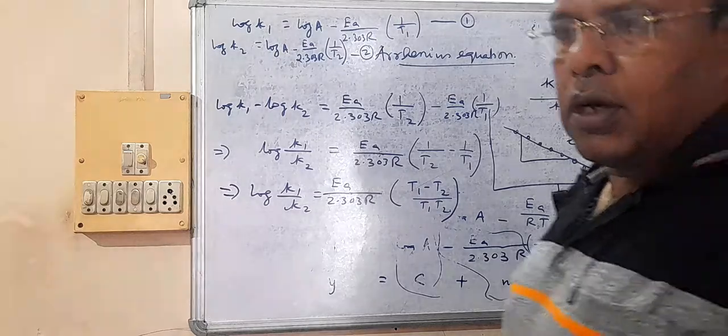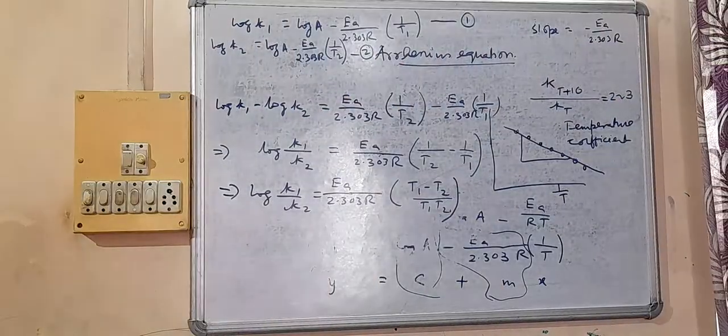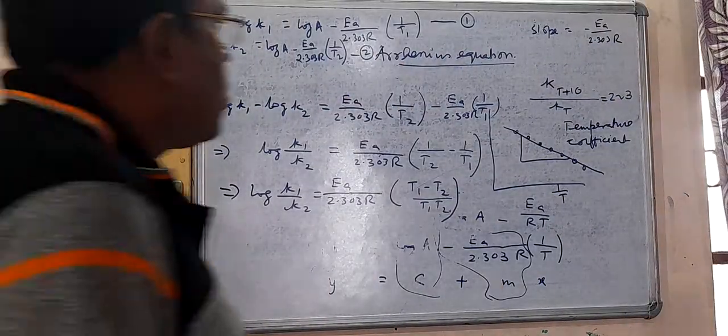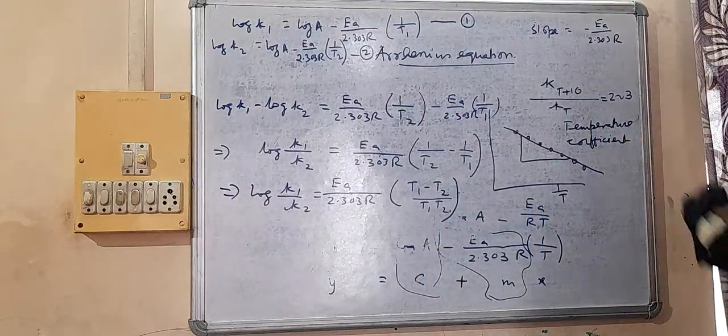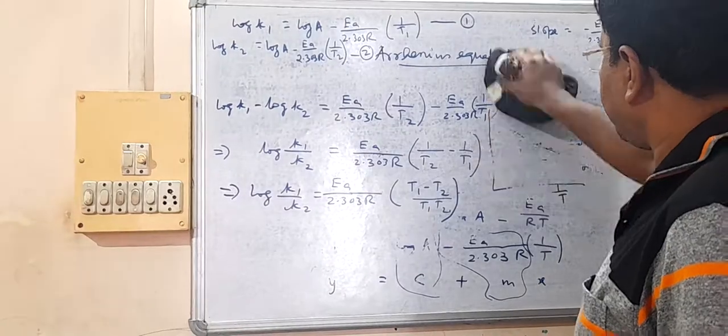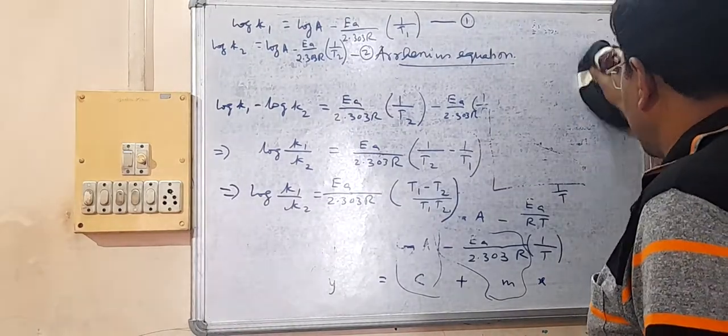So now children, we will be discussing what is activation energy. So far we have been talking about activation energy. What is actually activation energy? I will be trying to discuss that here.